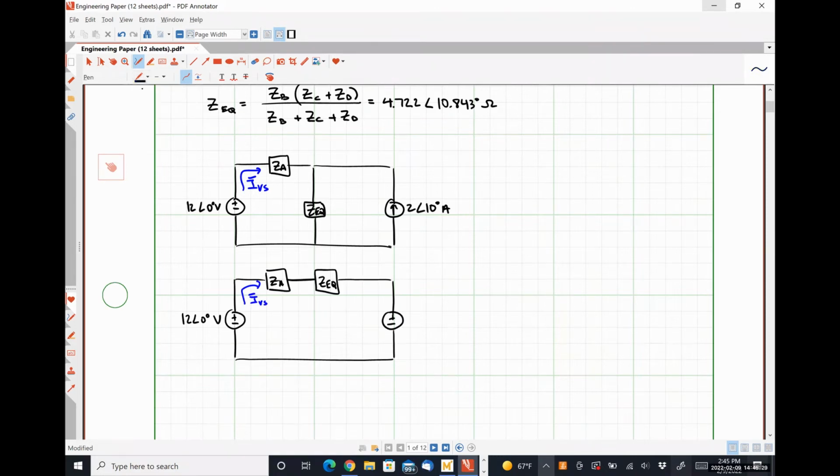So the rules for source transformation obey simply Ohm's law, right? So the voltage drop across my voltage source on the right-hand side is simply going to be 2 angle 10 degrees amps multiplied by my equivalent impedance ZEQ.